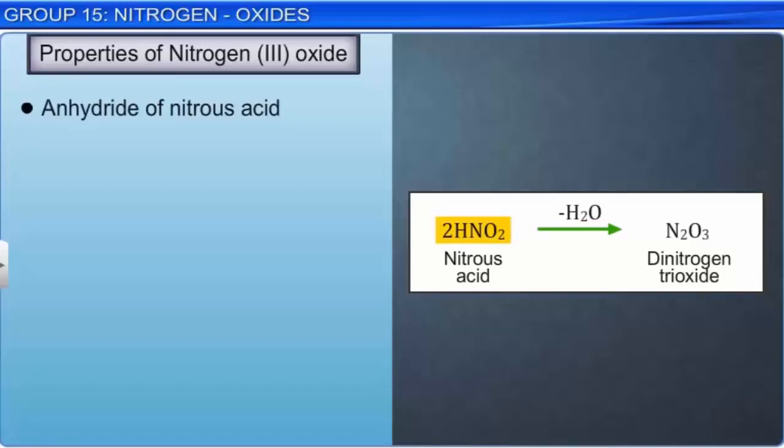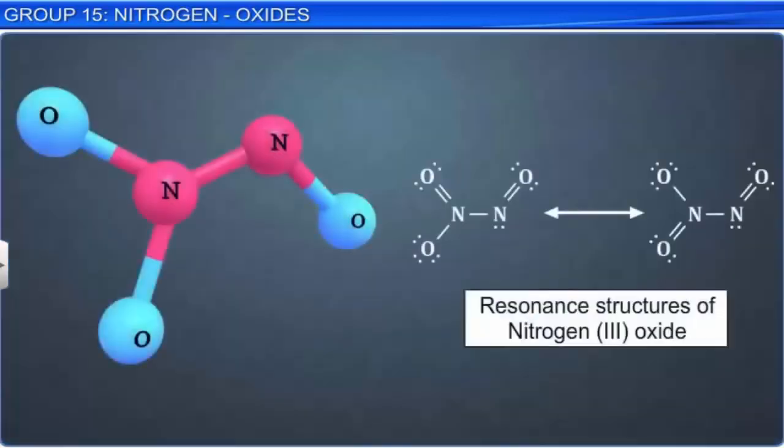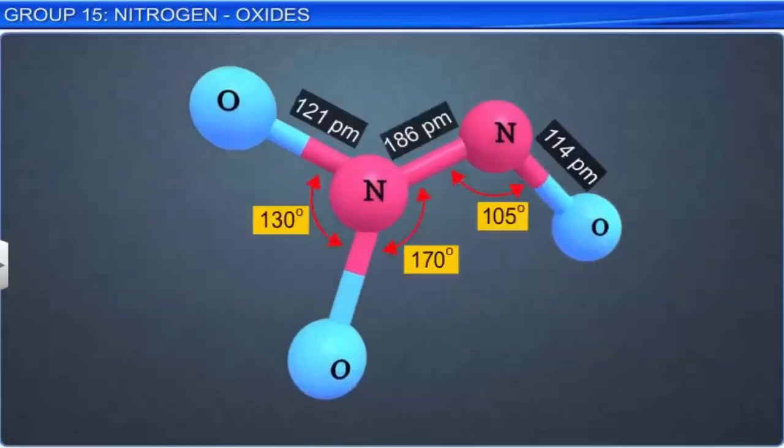Also, it is evident from the reaction of dinitrogen trioxide with an alkali that it is acidic in nature. Let us take a look at its planar structure, which is a resonance hybrid of these two forms. Note the different bond lengths and bond angles in the molecule.